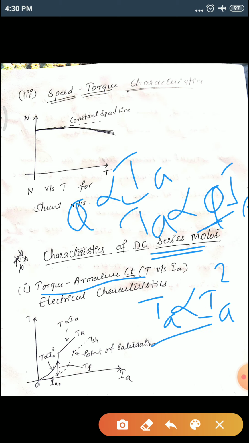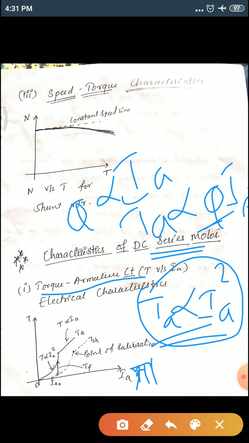So when the load increases, your current increases. As the load increases, armature current also increases, and torque increases proportional to the square of the armature current.